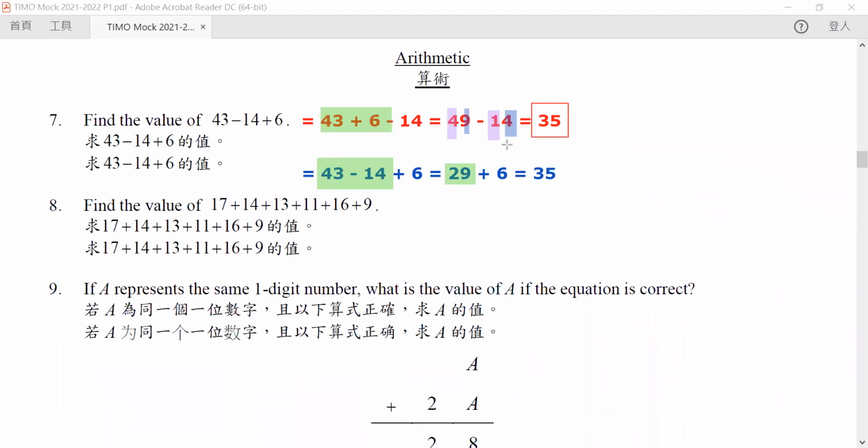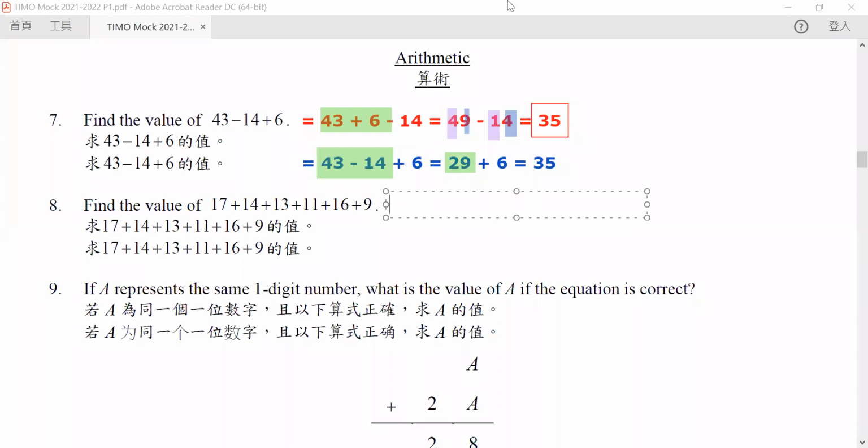Example, 17 plus 13 is 30, because 30 is easy to add. No, you don't add.